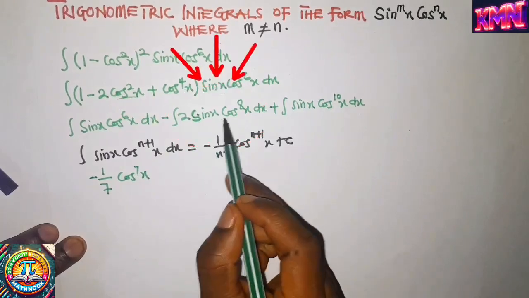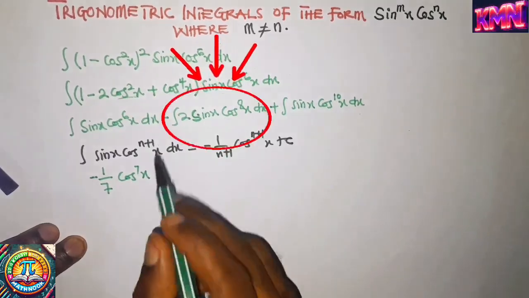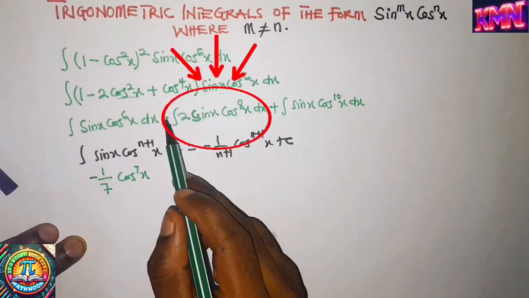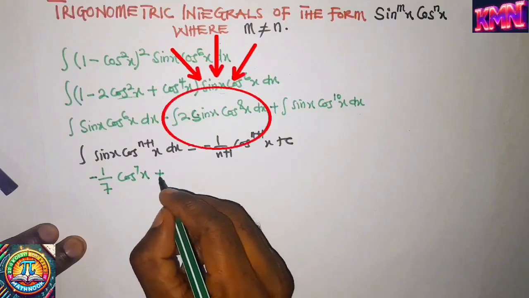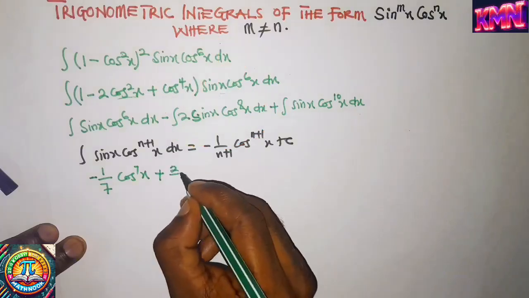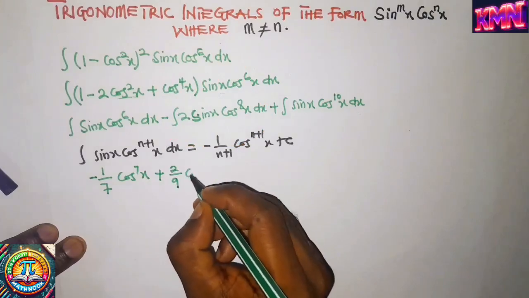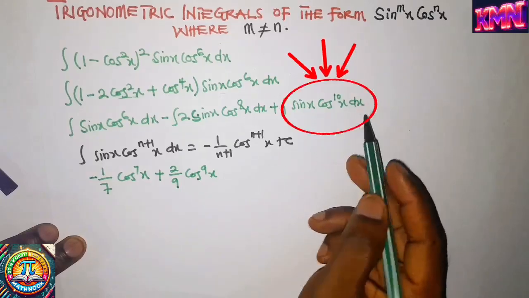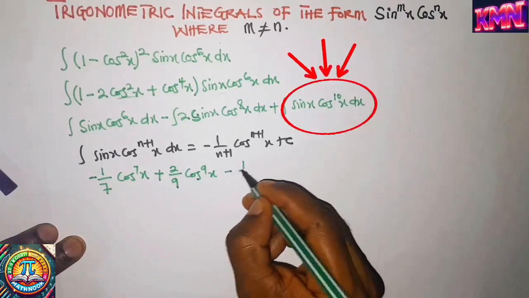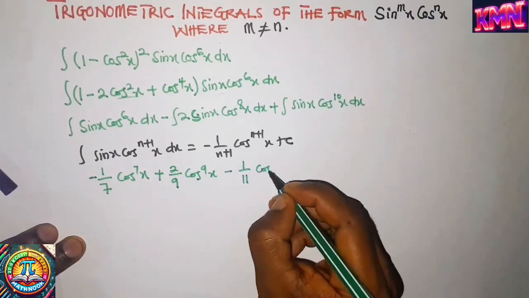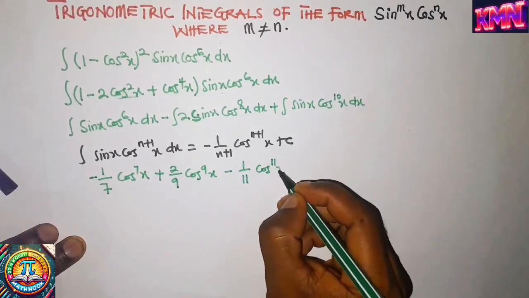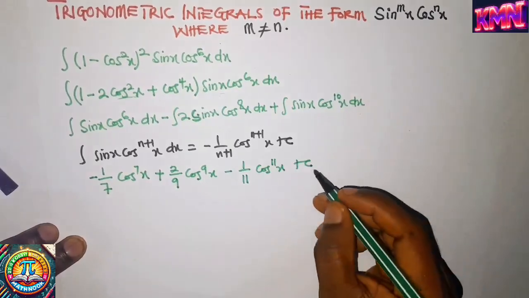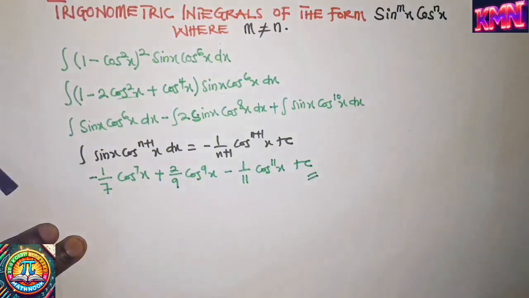Then the integral of this will also produce a negative value. Here is also negative, so that will be plus 2 on 9 cosine power 9x. Then integral of this will be minus 1 on 11 cosine power 11x plus c, and that is the solution to the problem.